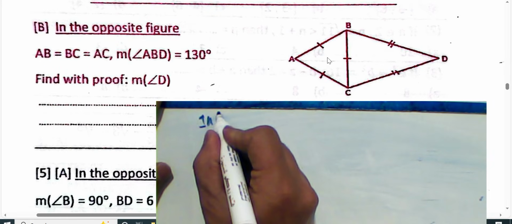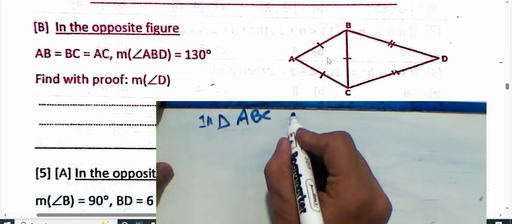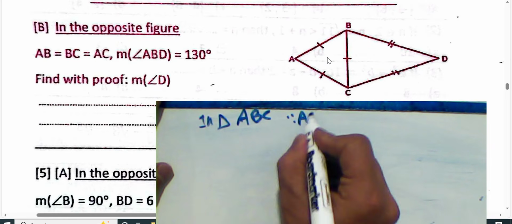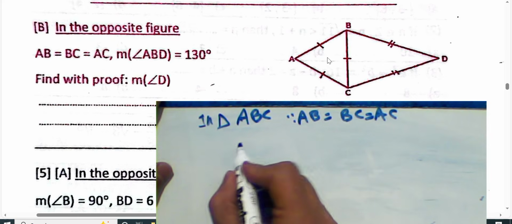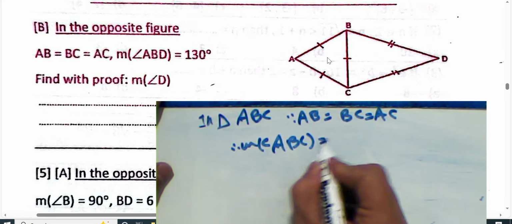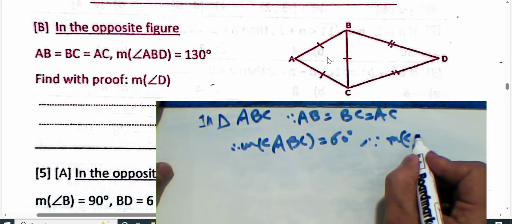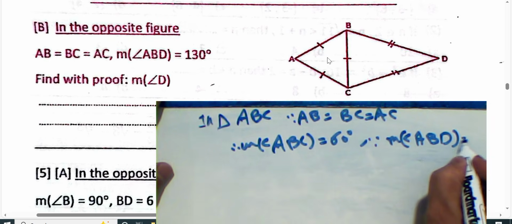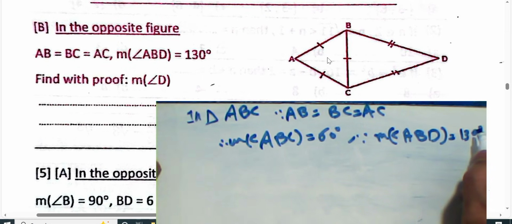First step, in triangle ABC, we have three sides equal: AB equals BC equals AC. Then the measure of angle ABC is equivalent to 60 degrees, and we also have the measure of angle ABD was 130 degrees. Then we can find the difference.